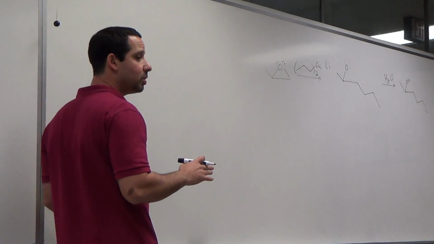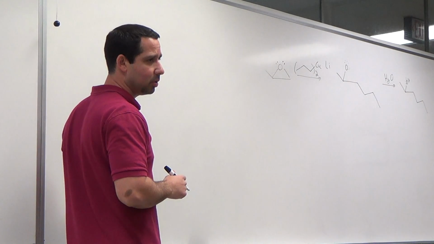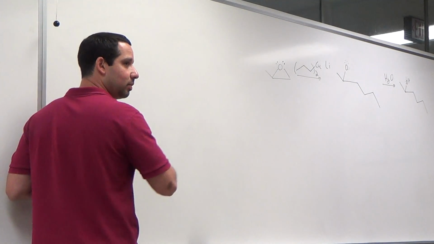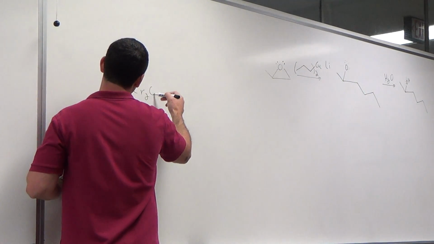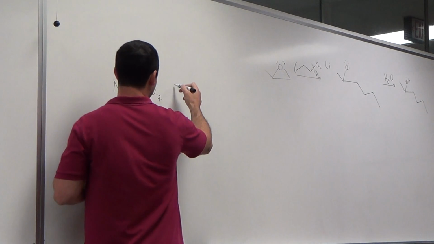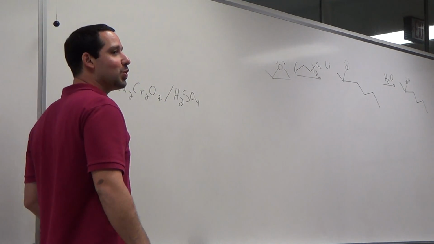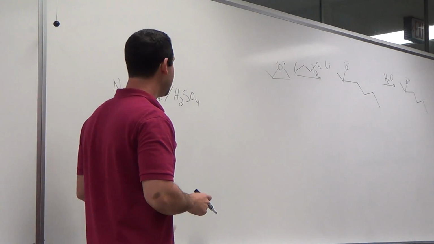You might get some on the test you've never seen before. Did you get something today on the test you've never seen before? Like you've never seen sodium dichromate, right? No, we've seen it. You saw it on the test, right?